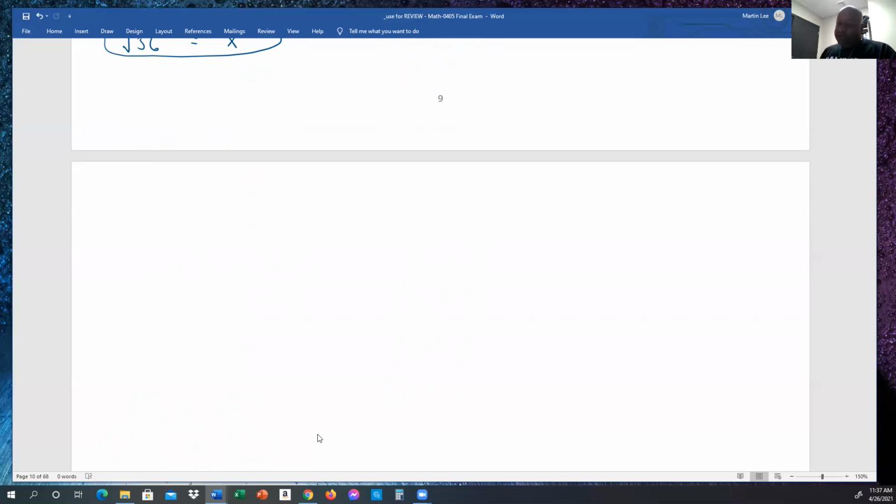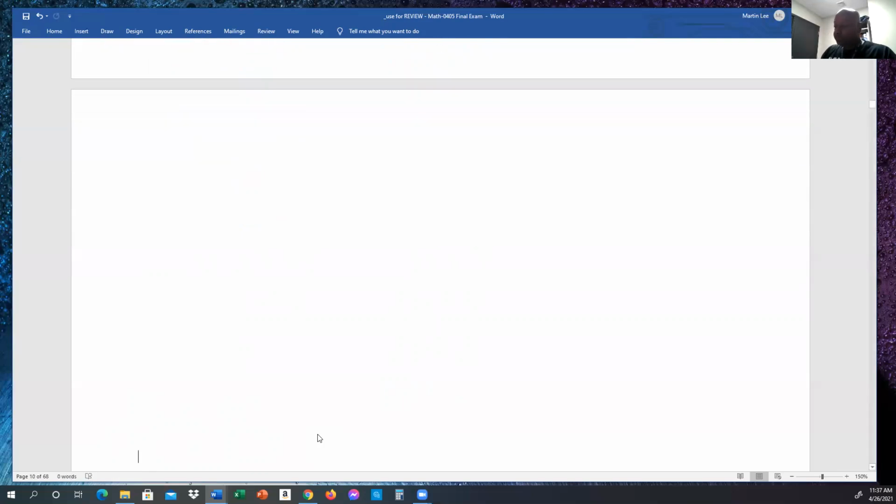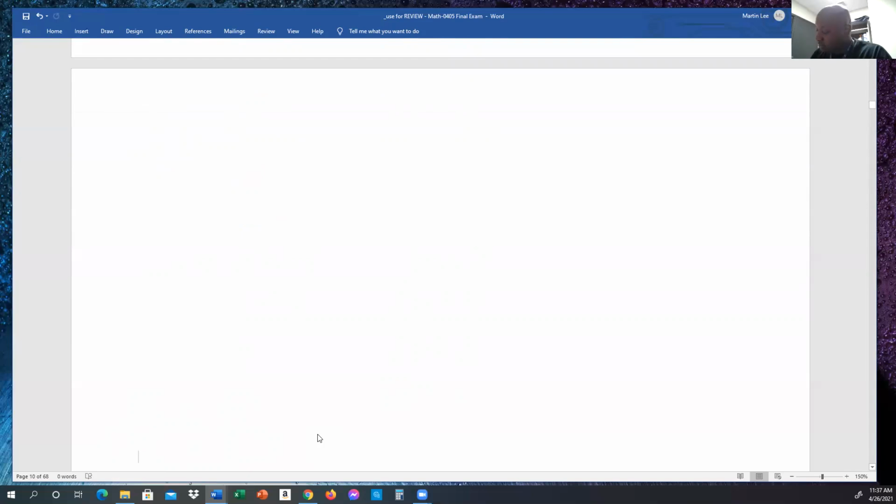Okay, number 11. 95% of 400 is what number? This is in words. Let's translate this. 95% as a decimal is 0.95.